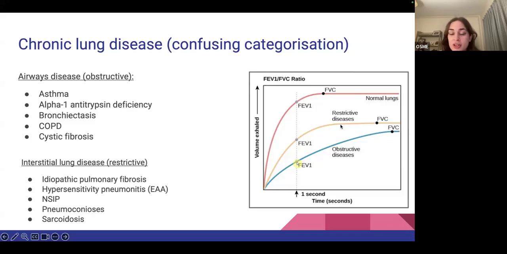So the ratio doesn't actually change, it's just the volume does, if that makes sense. Whereas in obstructive diseases, there's phlegm, there's infection, there's loads of other stuff in the lungs and the airways. That means it's harder for the air to get out in 1 second, but eventually they'll get air out. So the FEV1 to FVC ratio actually is lower.